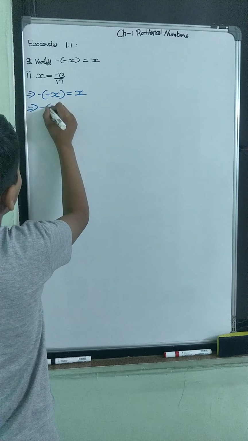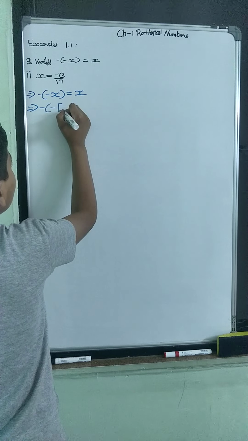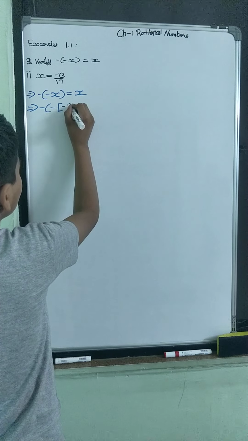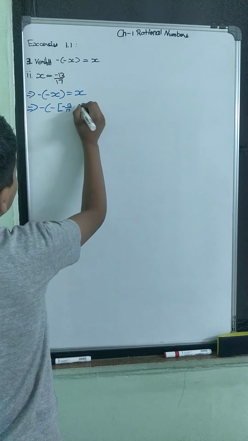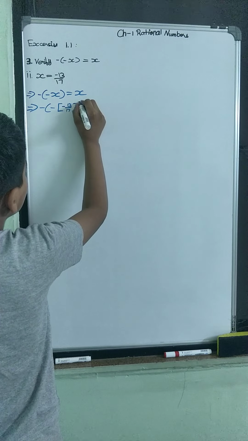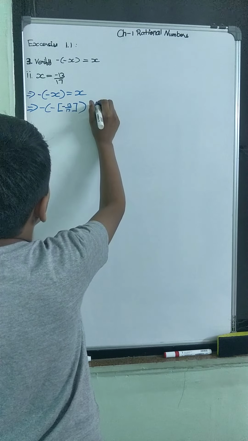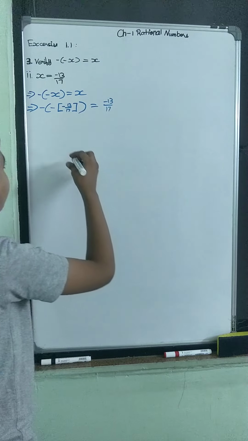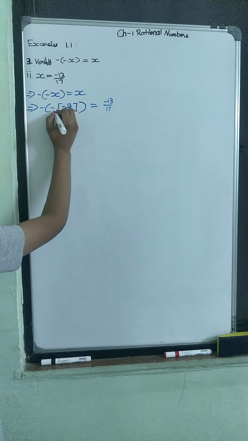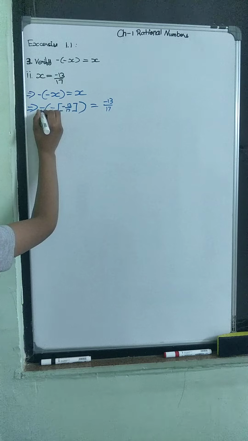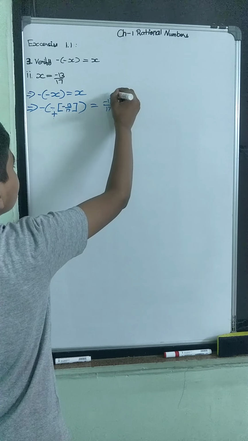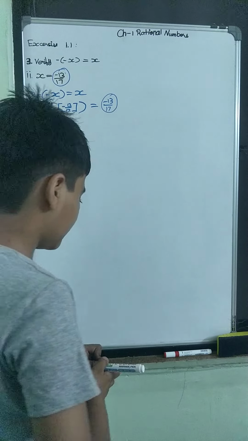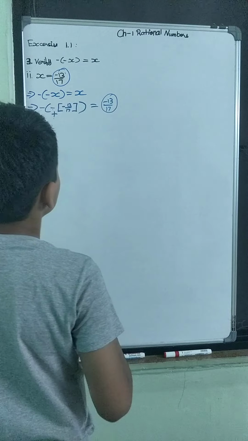So minus, one more bracket for minus 13 by 17, because it's a negative sign and there is nothing before the sign. So minus minus 13 by 17 equals minus 13 by 17. How? Because minus minus becomes plus, and then plus with minus becomes minus. So our value was originally minus 13 by 17, and again it came out as minus 13 by 17.